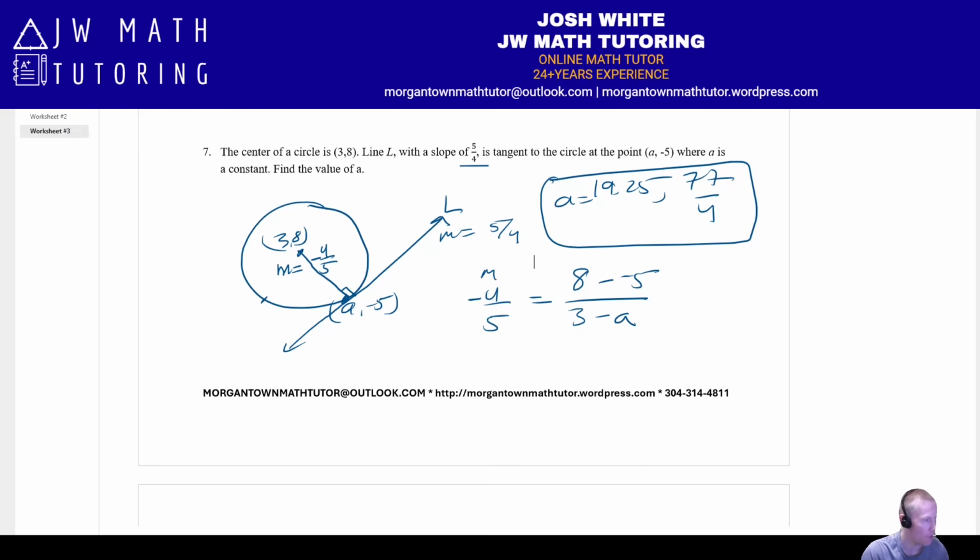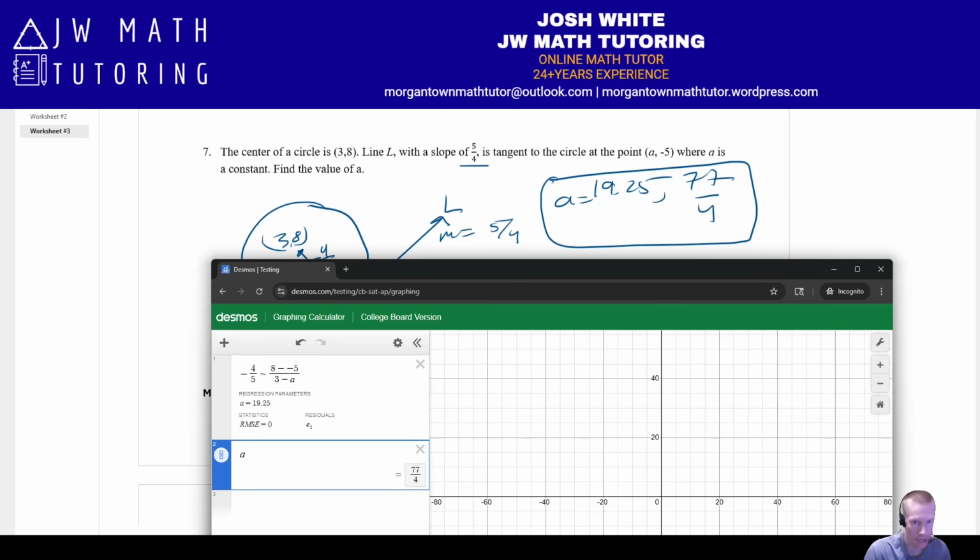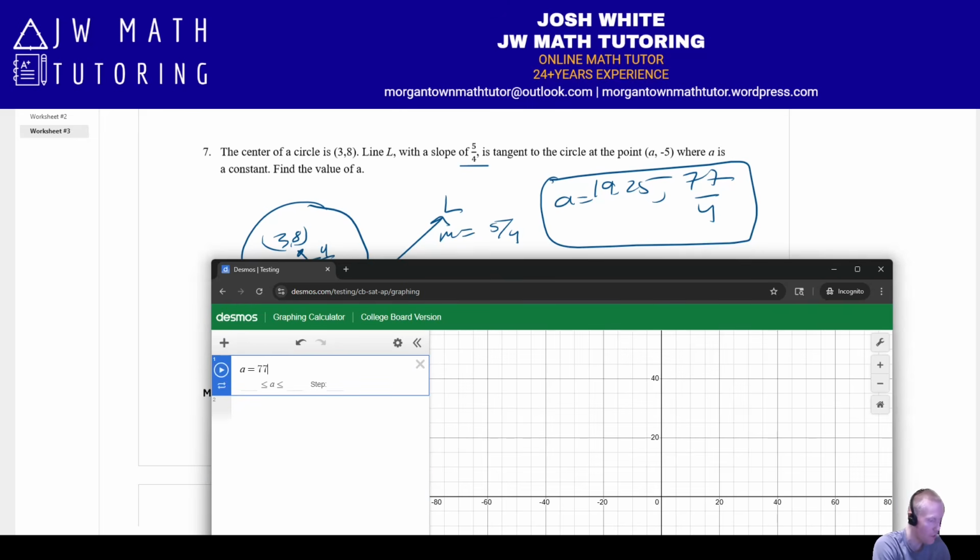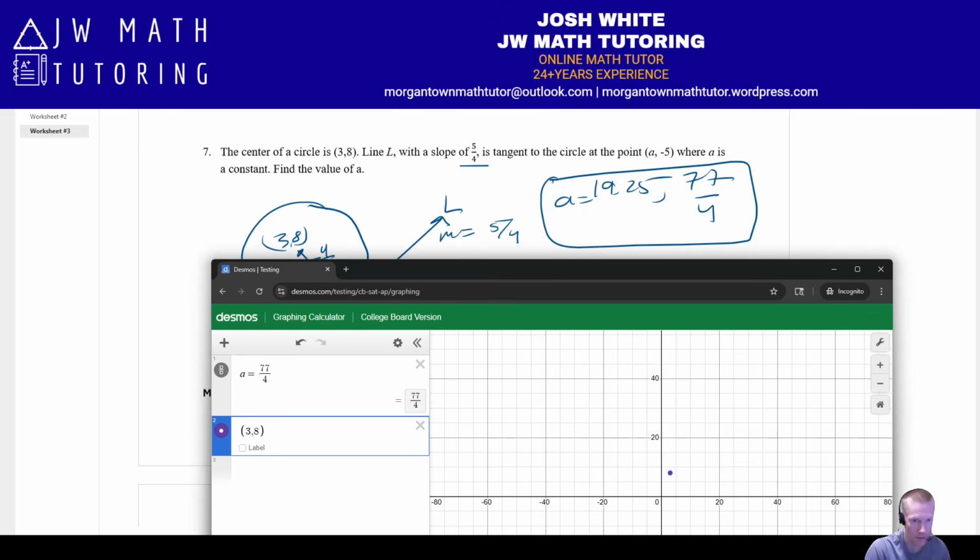Now in Desmos, you can plot these out just to confirm that everything looks visually correct. So, for example, you take the point 3, 8, and then you take the point a comma negative 5.